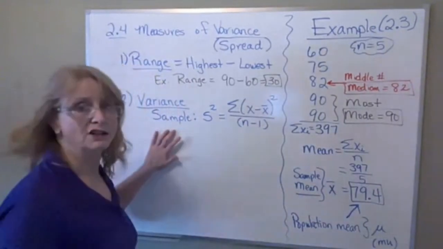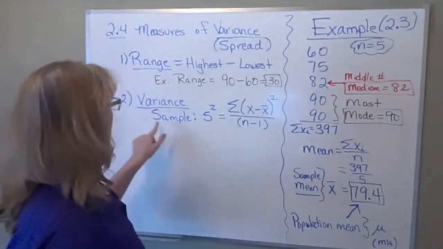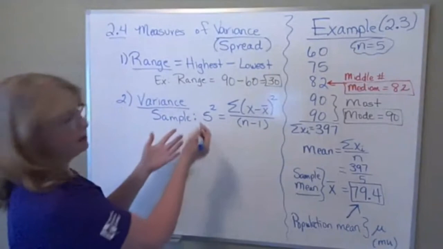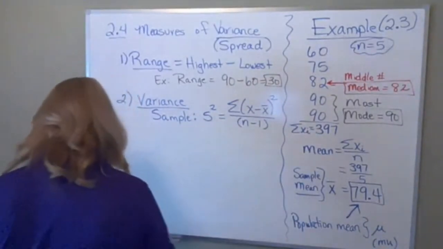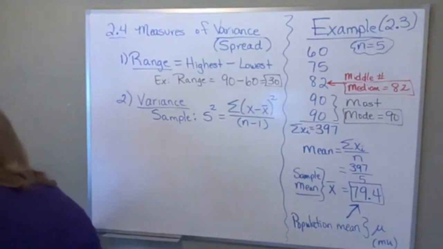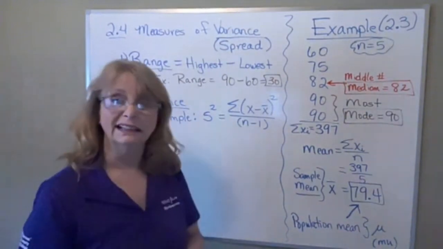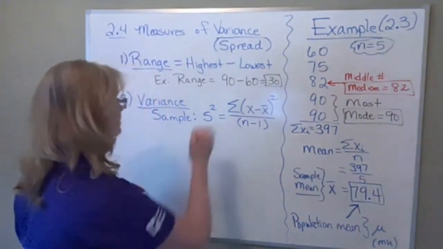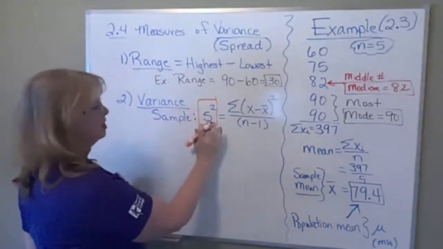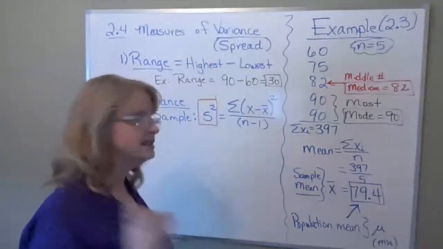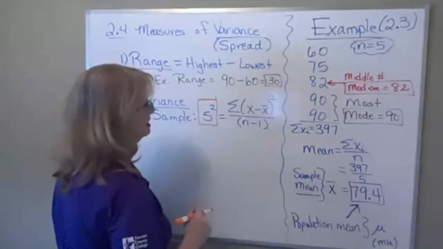Okay, so let's look at this example here. This was formula number 3 on the formula sheet. Let's look at the different parts. Instead of being called little sigma squared, the sample variance is called little s squared.